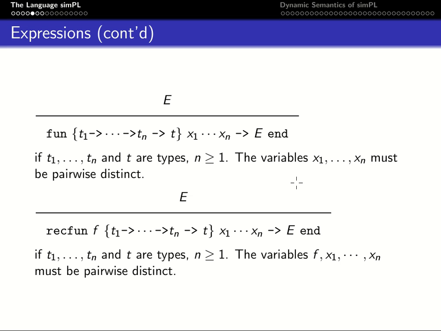We're going to deviate a little bit from OCaml in the way we specify the type. So we're going to write a curly brace. We're going to give the type of the function in there, after which we're going to enumerate the variables, the arguments, the parameters to the function. So x1 up to xn have to be variables.